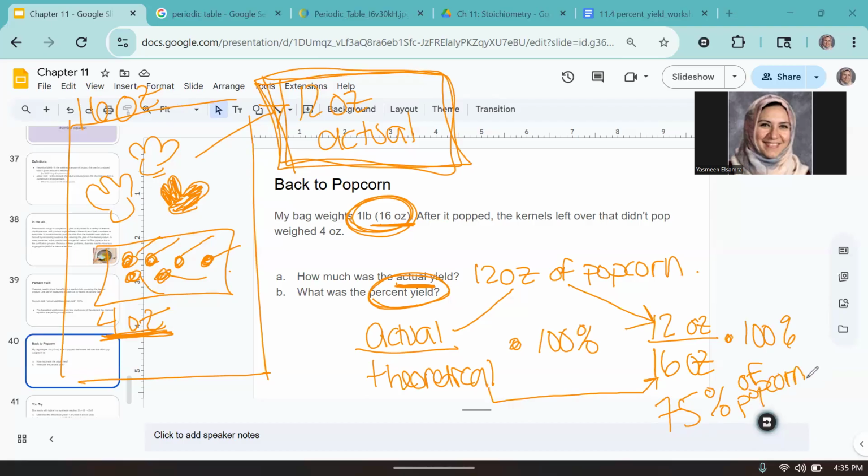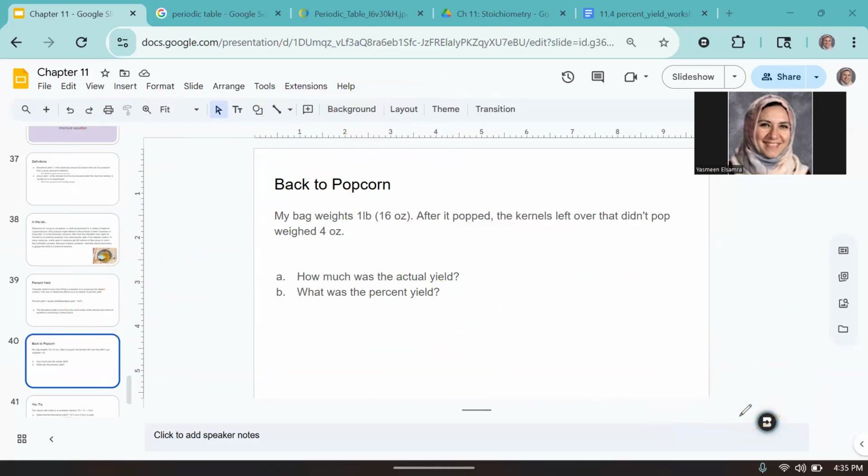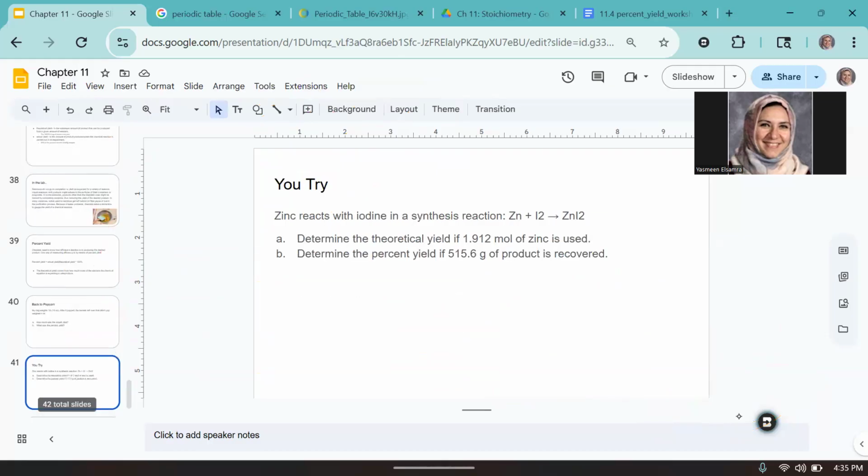Okay, so that is your percent yield idea. The idea is how much is actually happening in your chemical equation. So 75% of the popcorn is actually popping in this bag. Okay, now let's apply that to these examples. So let's first start with this first example here.